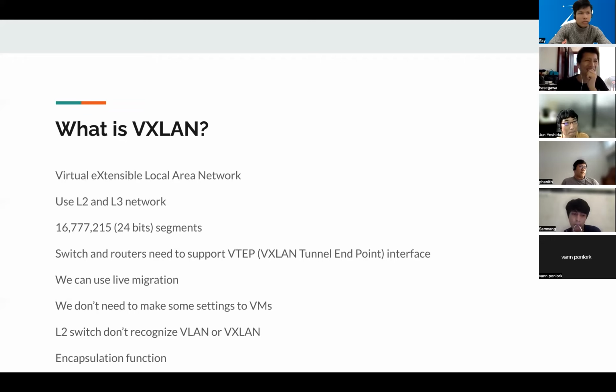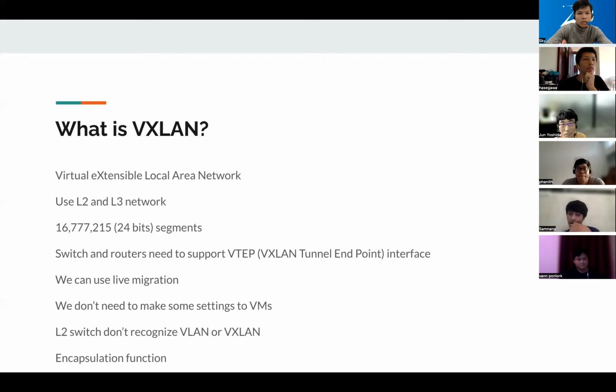Me too, but inter-VLAN looks like a Cisco switch function or something. VXLAN, I think, is not only a Cisco feature. Maybe it's more general, it can be used with general devices. It's just the way how to do it.